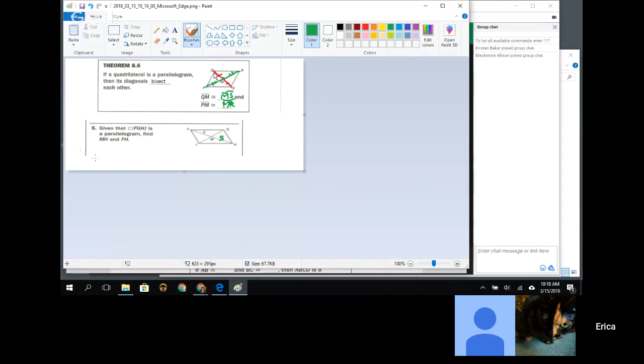So MH is 5. And that means that FH, the distance from F to H, is 10. So that is kind of the rest of 8.2.